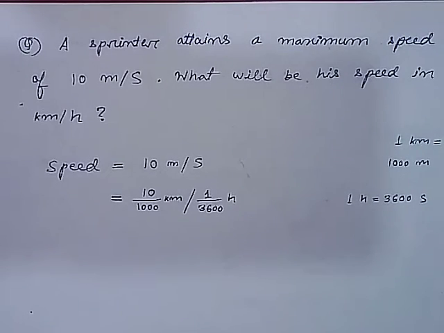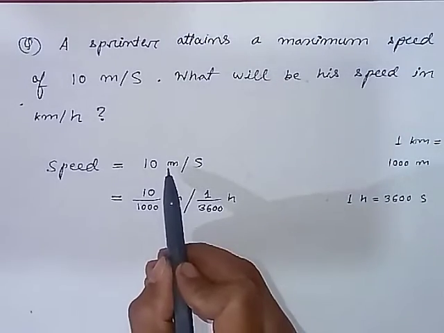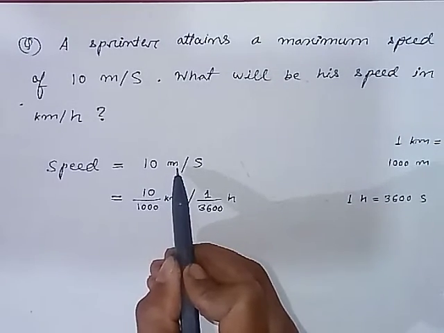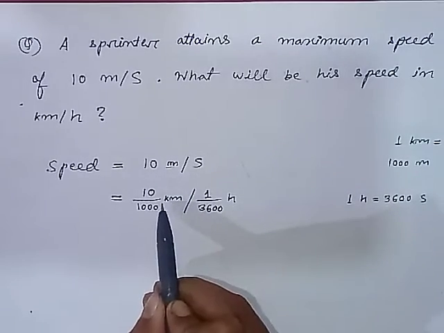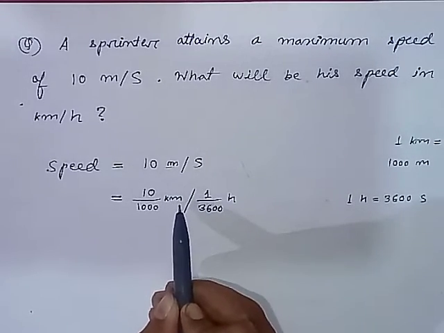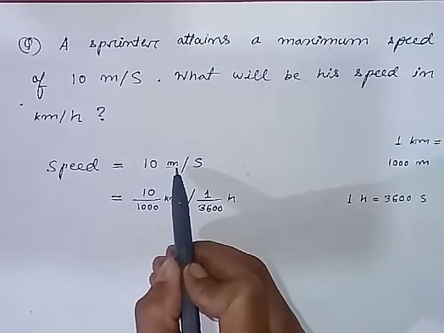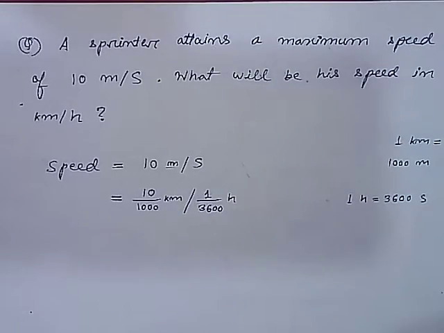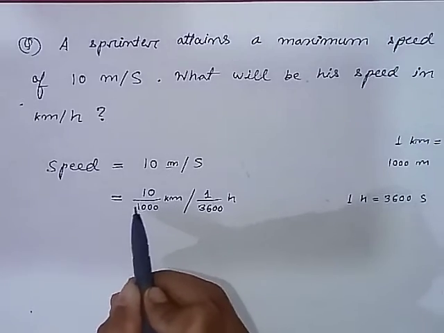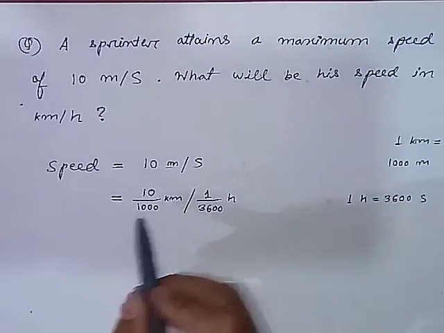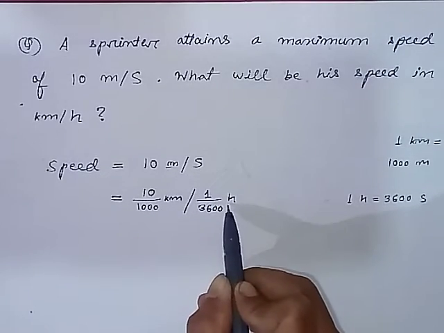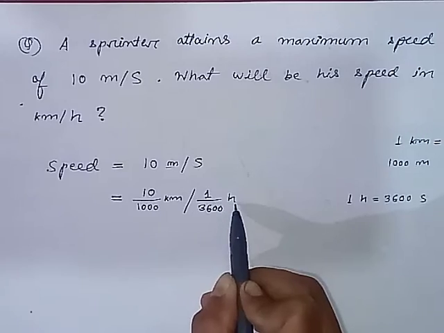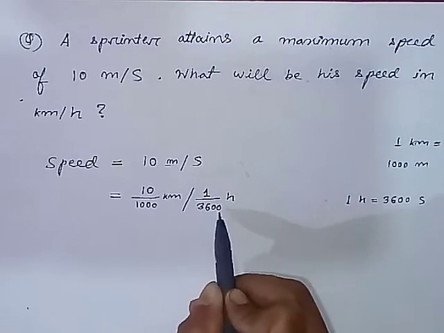Okay, we are converting meter into kilometer, that is a smaller unit into a bigger unit. Whenever we are converting a smaller unit to a bigger unit, we need to divide. Similarly second is a smaller unit, we are converting this smaller unit into a bigger unit, that is hour, so we are dividing here.